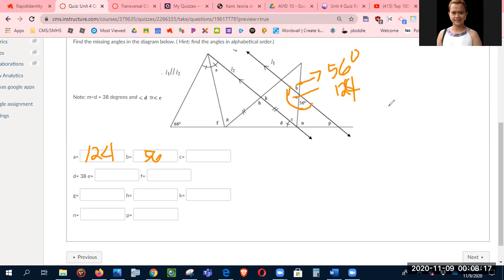Next, 66. So if that's 124 and that's B, 124 and 56, yes, that is correct. These two angles are congruent.